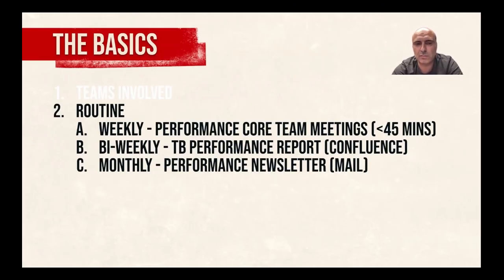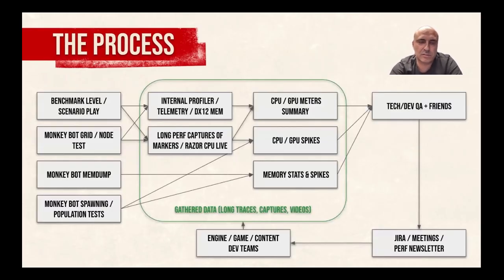And one time per month, the performance newsletter was sent with even more detail, but still not too long an amount of data to read. It was all about building awareness and securing time to bring the performance as one of the key aspects of our work.